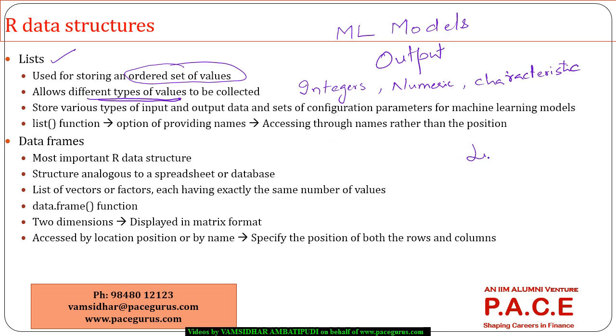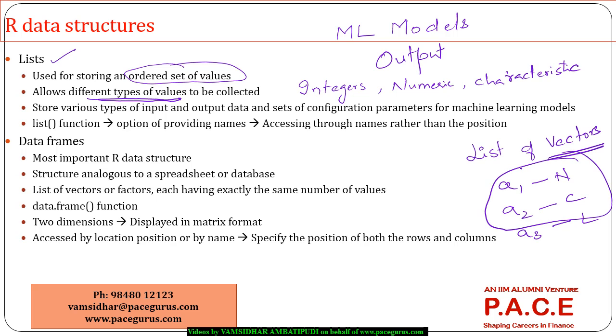So probably I can very well say list of vectors. A vector is of one type. So I could have a vector A1 which is numeric, a vector A2 which is characters, and vector A3 which is logical, and I can combine all these 3 vectors into a list.